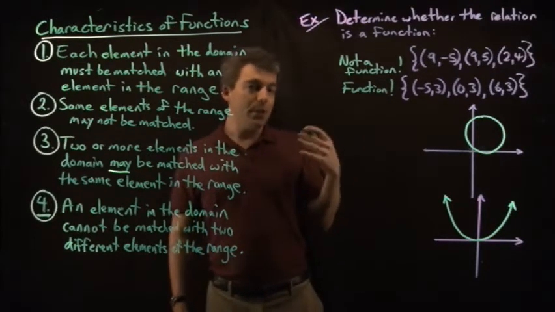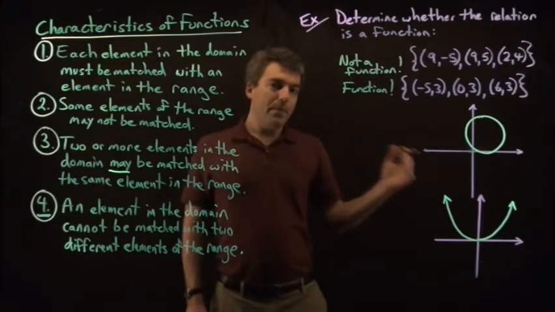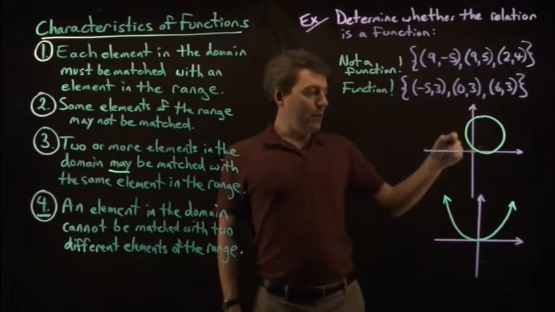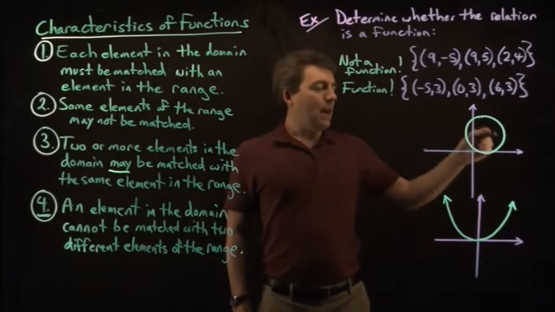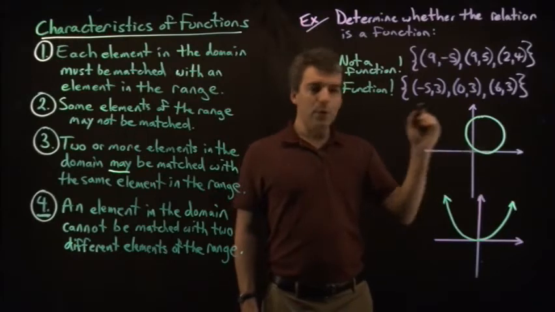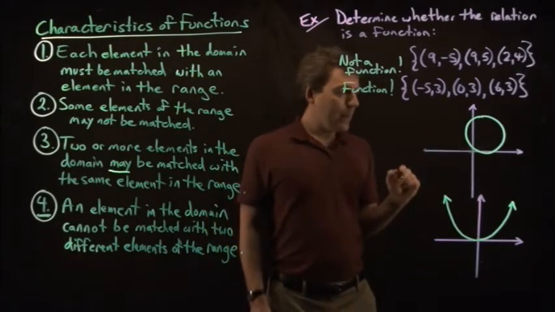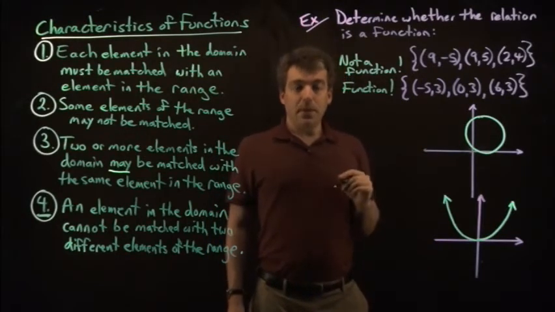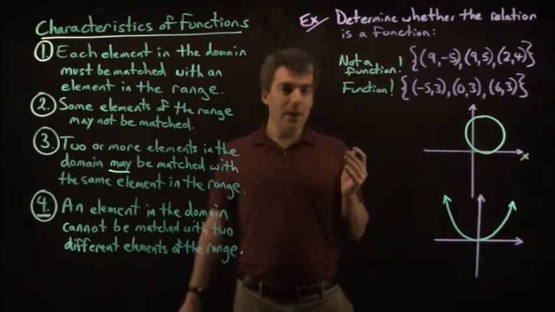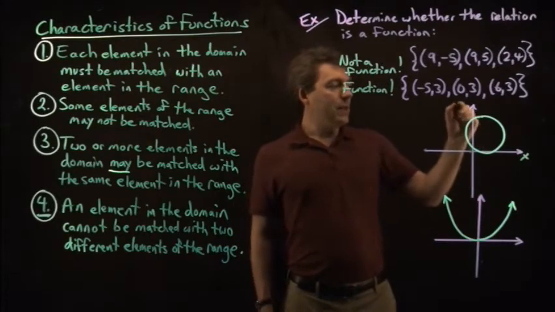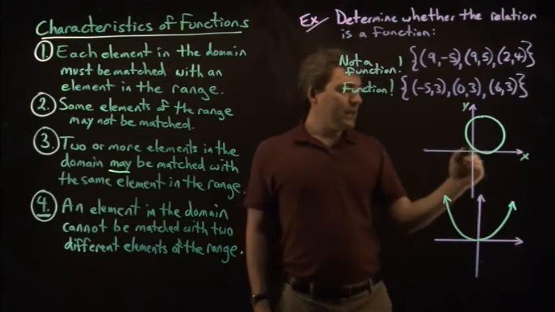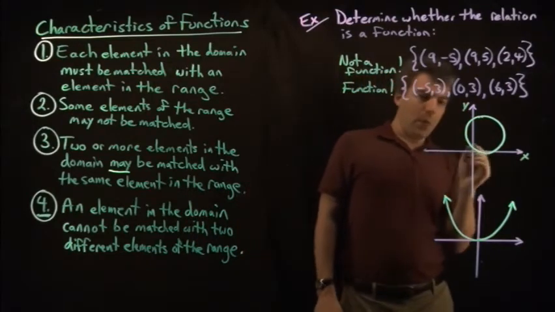Right, we can also represent a relation with a graph. Now, a graph is just a bunch of points, right? And then we draw a line to represent those points. So let's look at this example. Here we have a circle-like shape. Is this a function? Well, we consider the x-axis to be the set of inputs and the y-axis to be the set of outputs. Here we can see that we have some domain, right?